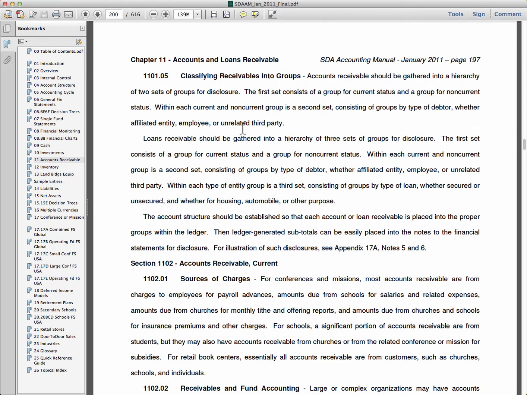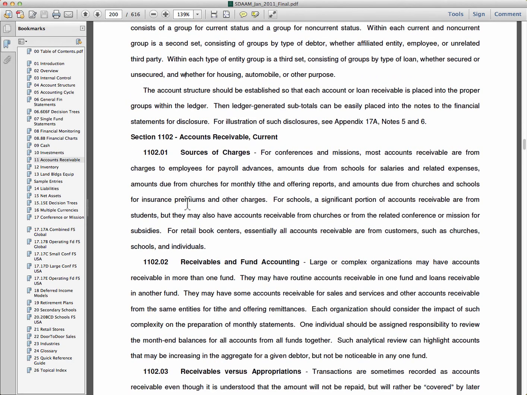And then we will see more about this in a minute. Okay, right away we have in mind breaking them into current and non-current, and then into subgroups of affiliated entities, employees, and unrelated third parties. And then in a few minutes we're going to have related party transactions to look at.